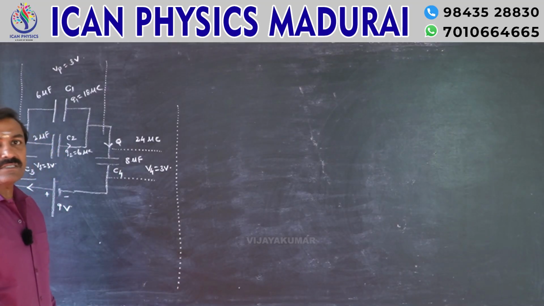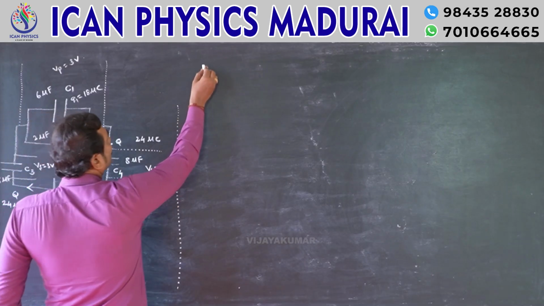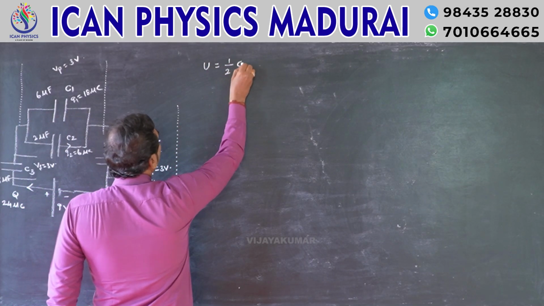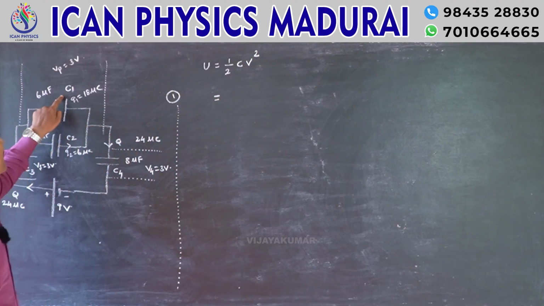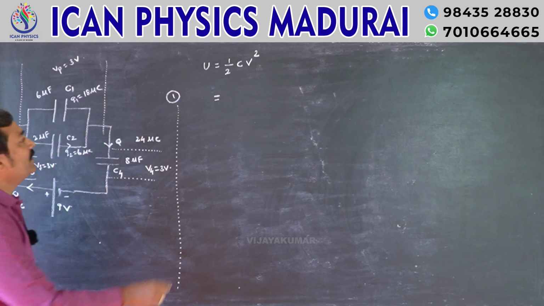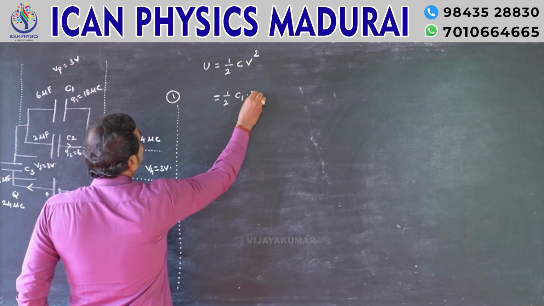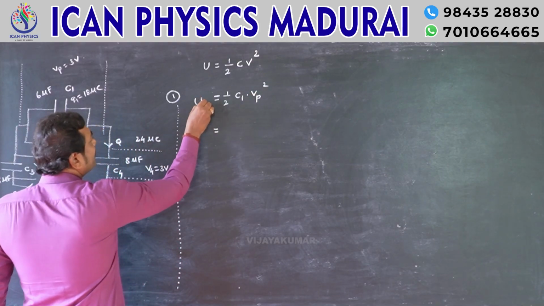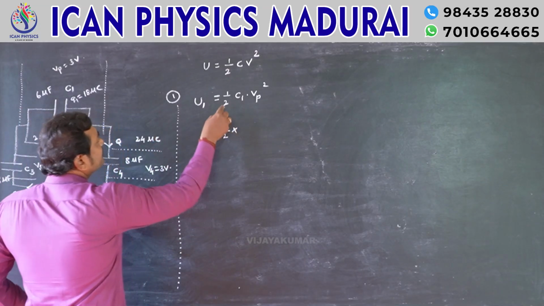Okay, so electrostatic potential energy. What is the formula to calculate electrostatic potential energy? That is half CV squared. For the first capacitor, I am going to modify the formula. That is half C1 into Vp squared. So half into C1.